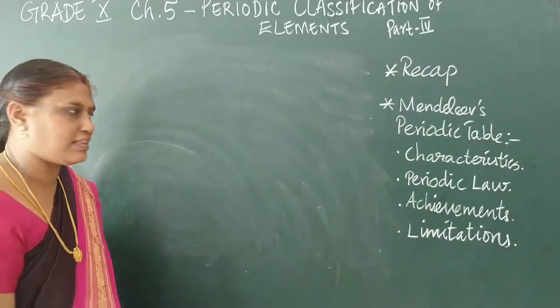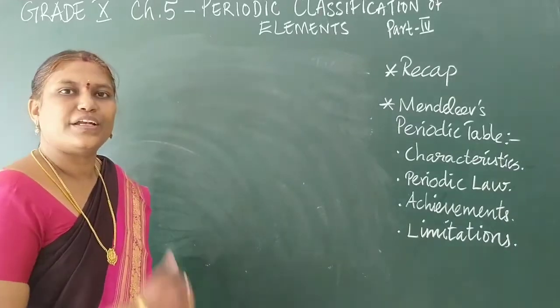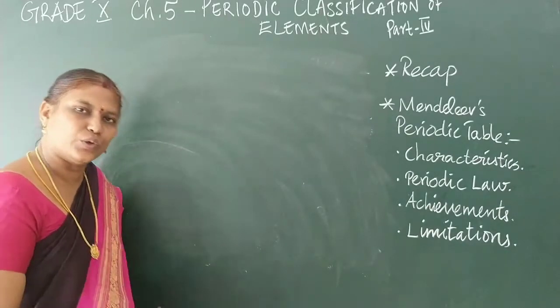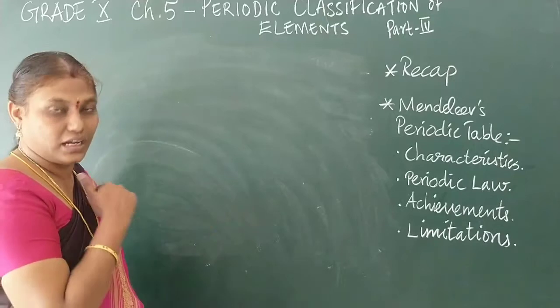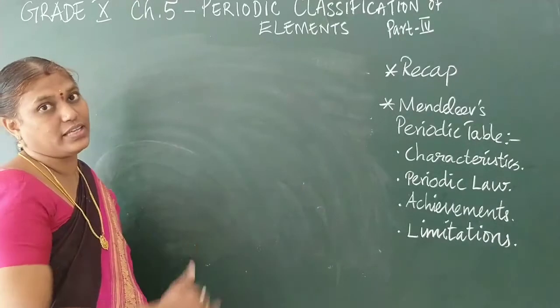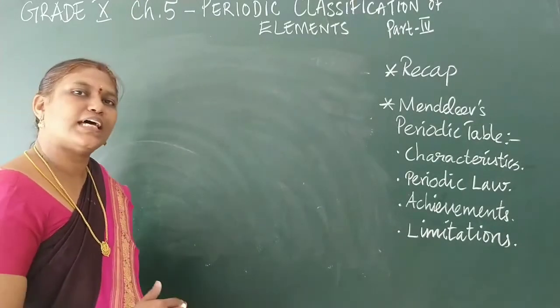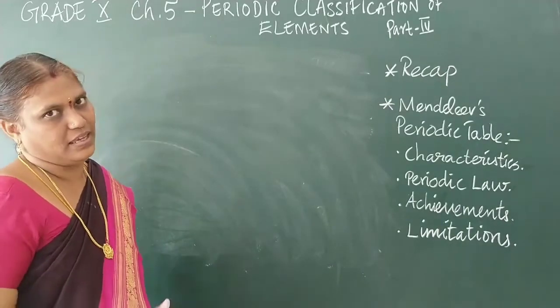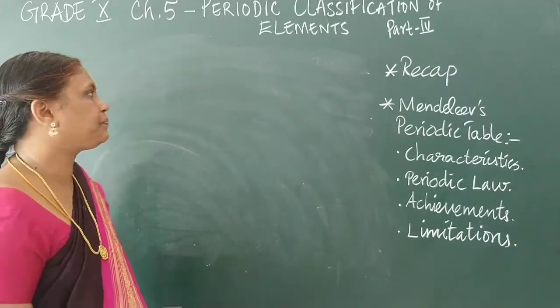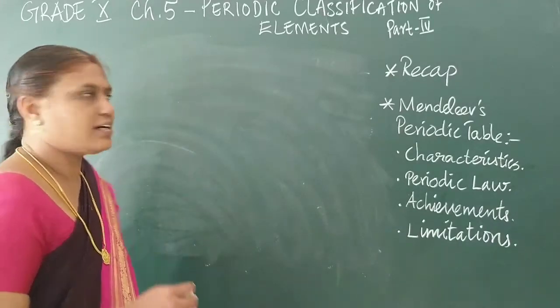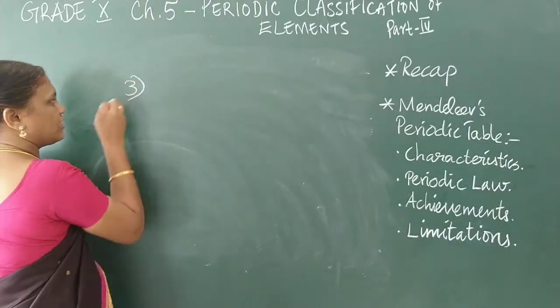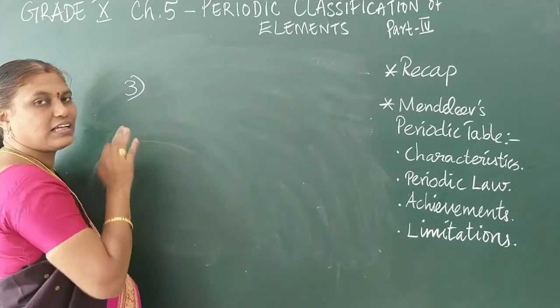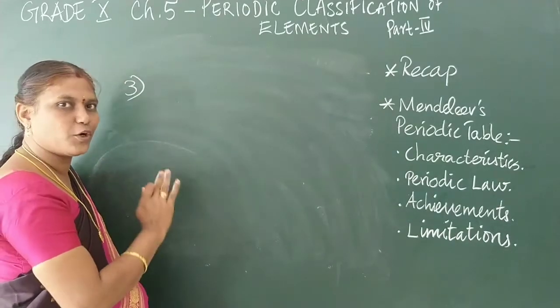Second, we have seen that the vertical column is called a group and the horizontal rows are called periods. How many groups are there? 8 groups. How many periods? 6 periods. Then the third point, these are the characteristics of what he followed in the periodic table.